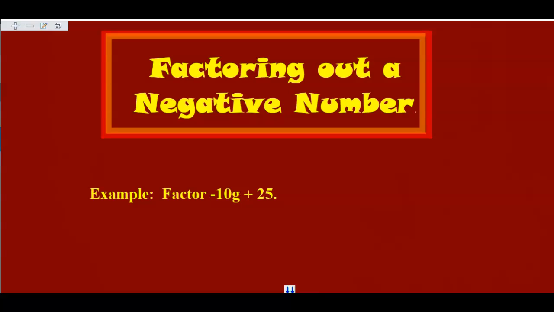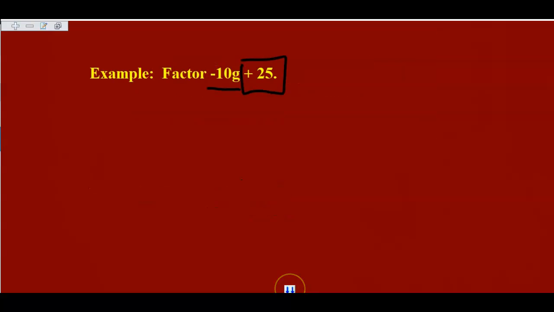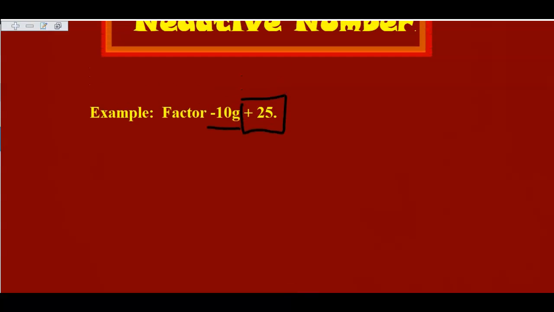You need to figure out what's the biggest number you can divide both of them by. If we have negative 10g and a positive 25, we want to factor out a number that can divide both of them. And right away we see 5. Do you see it? Both of these can be divided by 5.